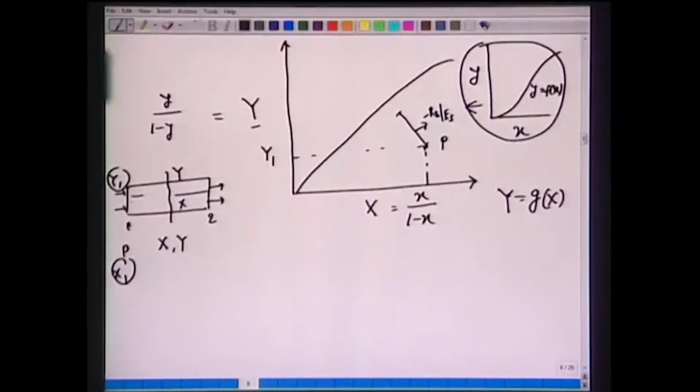So the concentration of both streams will change along this direction from 1 to 2. So we have P going all the way till Q at the end. Here also we have two coordinates. This is x1, and this is now x2. To start with this was y1, and now we have this concentration given as capital Y.